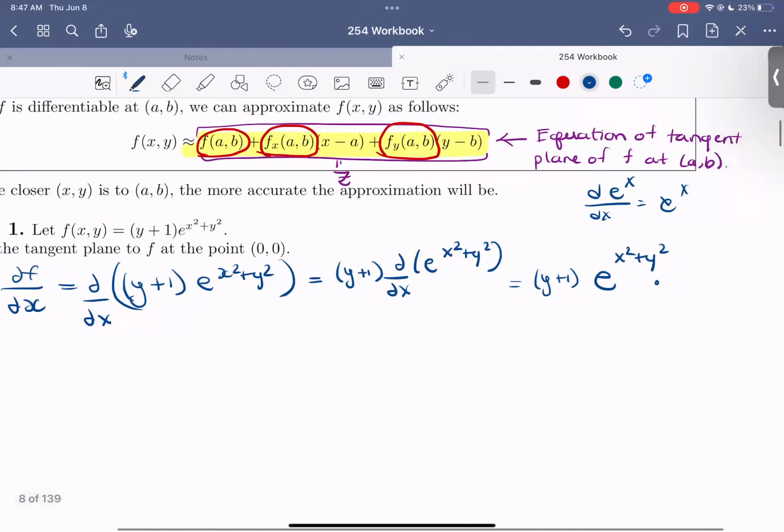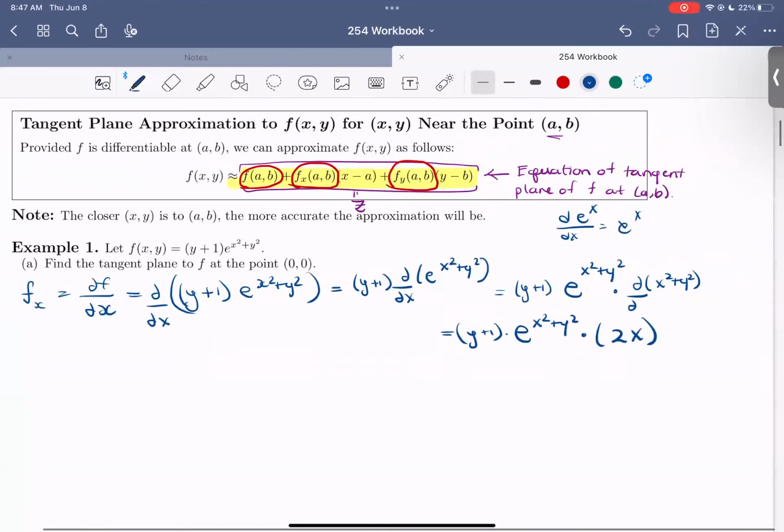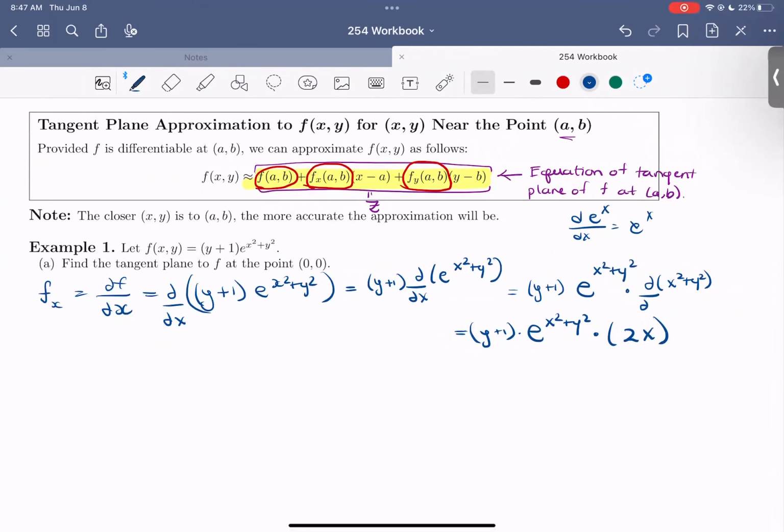And then we multiply by the derivative of x squared plus y squared with respect to x. Again, y squared is just a constant. So this would look like y plus 1 times e to the x squared plus y squared times 2x, because that y squared, just a constant, would go away. Okay, not bad, huh? So we just computed the partial derivative of f with respect to x.